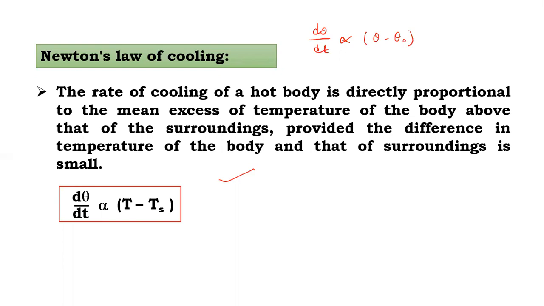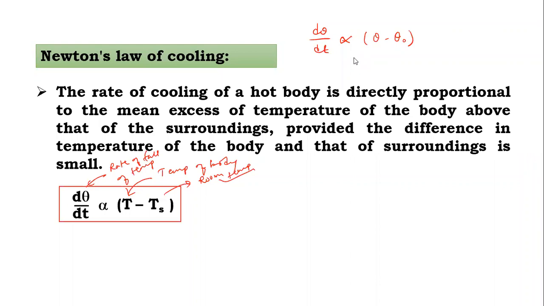Here T is the temperature of the body, Ts is the room temperature or surrounding temperature. d theta by dt is the rate of fall of temperature.